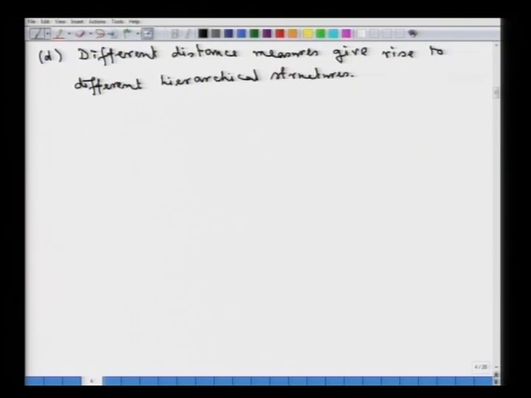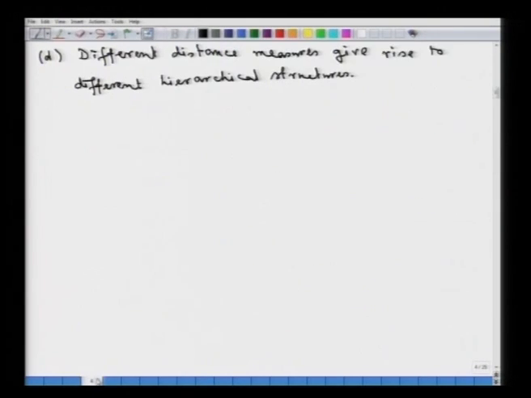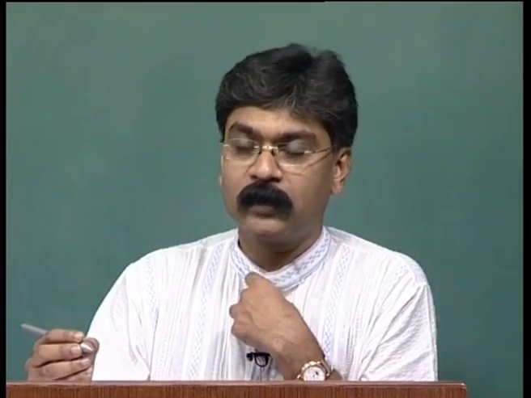Now that is the basic type of characteristics of any hierarchical clustering method. Now let us discuss the 2 types of algorithms that are usually used in order to frame such hierarchical clustering.